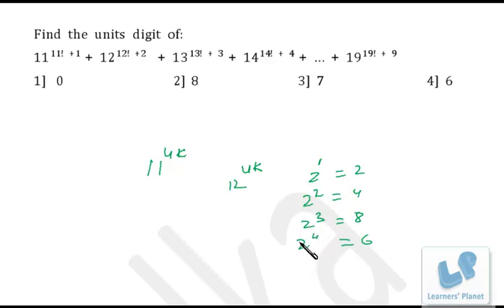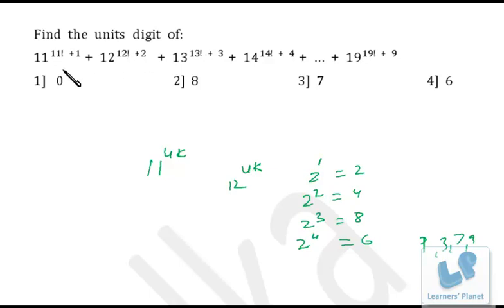So if the power is a multiple of 4, the fourth power of an even number will end in 6, right? And the fourth power of any odd number, maybe 1, 3, 7, 9, will end in 1, right? So we don't have to consider the 11 factorial, 12 factorial, 13 factorial part.